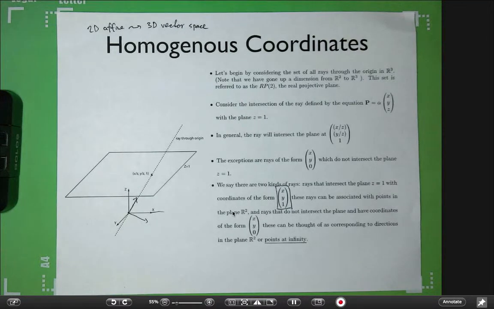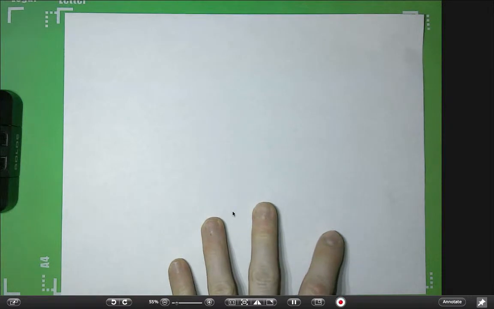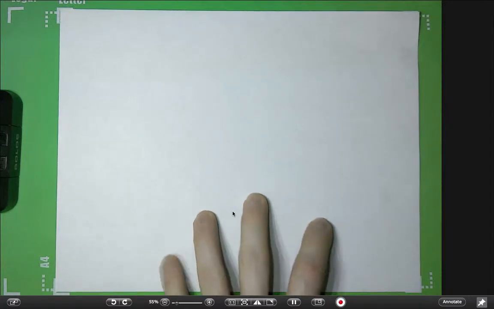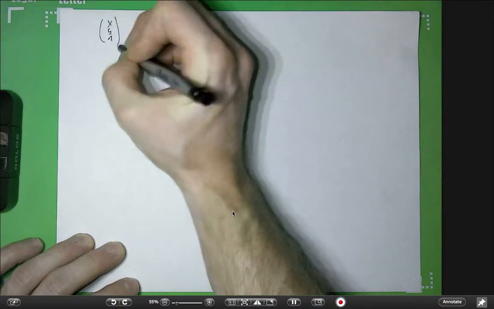So maybe I'll actually elaborate on this, because I think the intuition that those are points at infinity is somewhat interesting. But what is more practical, I think, is that you can look at it this way. Here I will also explain why point minus point is a vector. So x, y, and 1.